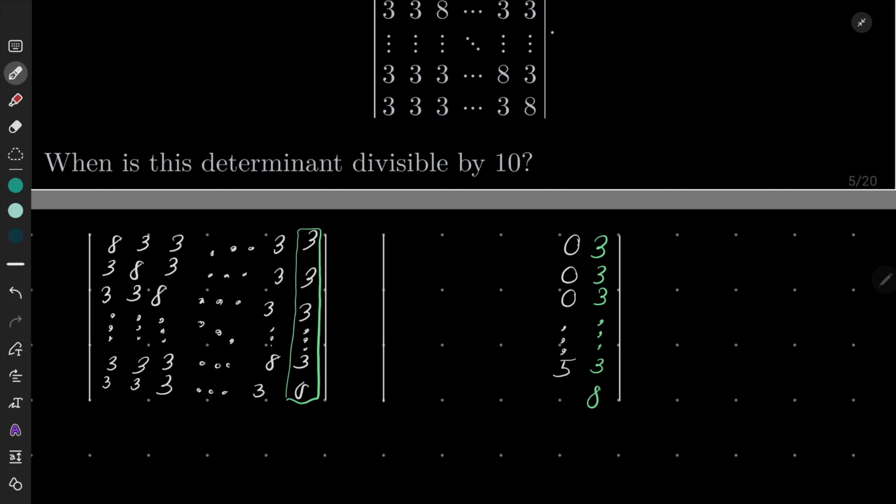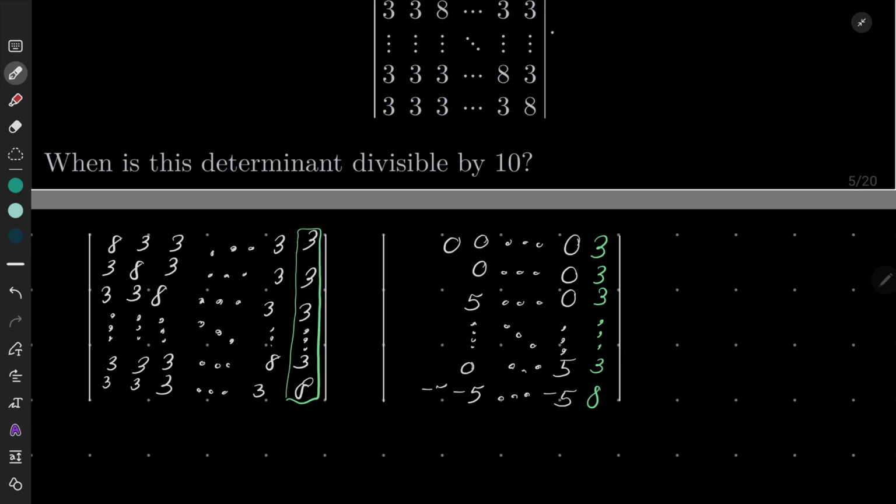But on the diagonal I will have 5, and in the last row I will have 8 times -1 plus 3, which is -5.